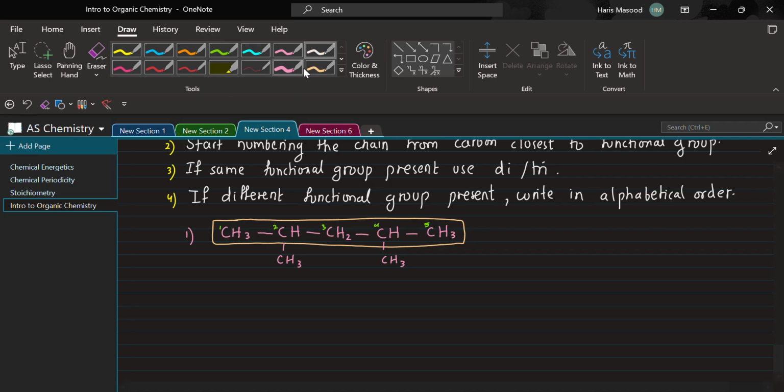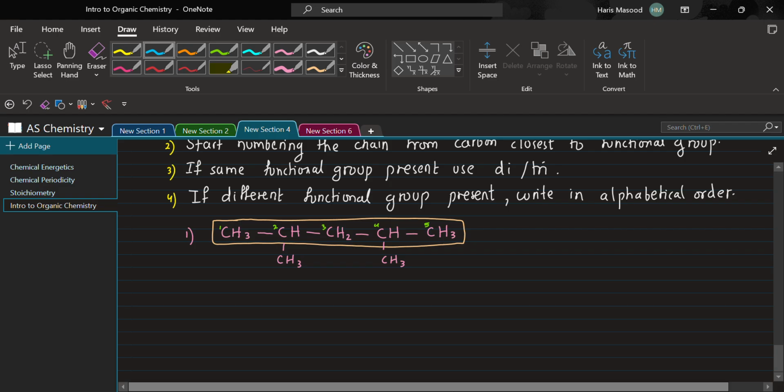For naming, you will be writing first the number at which the functional group is. Okay, we usually don't call it a functional group; these are just chains that are attached with it, or you can say branches. So this is which group?